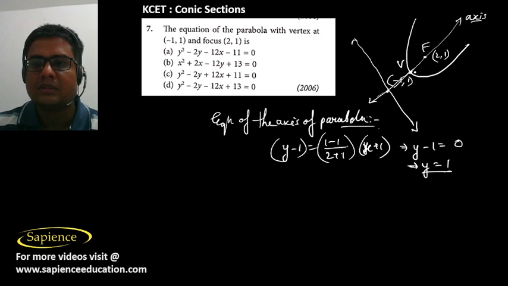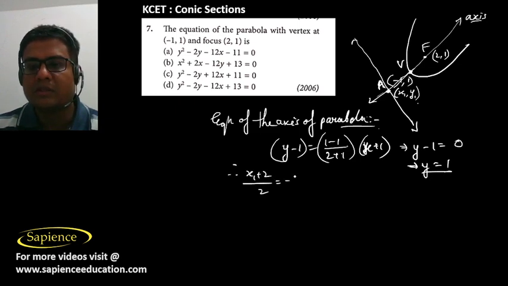Now therefore this is the midpoint. So let's say this point is x1 comma y1. So this vertex is the midpoint. Let's say this point is P, and this is A. So (x1 plus 2) by 2 is minus 1, and (y1 plus 1) by 2 is equal to 1.